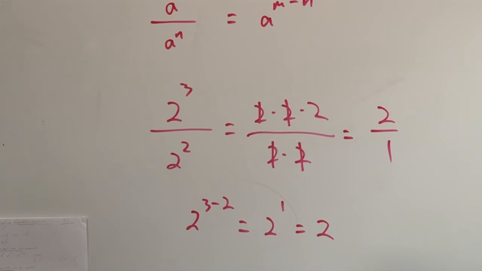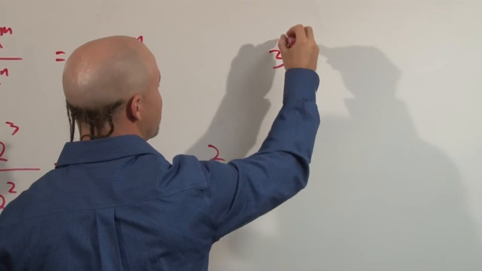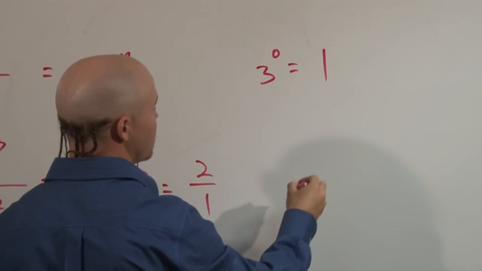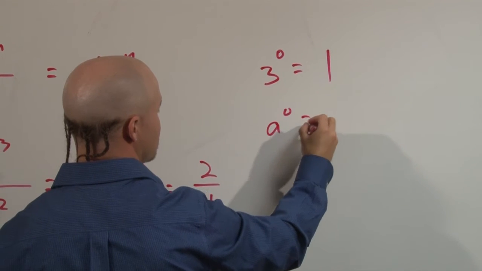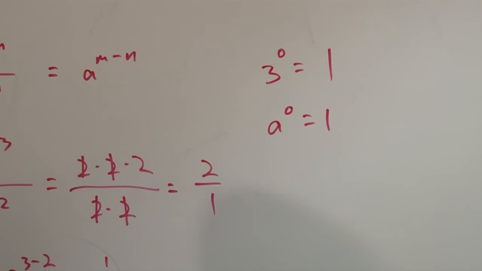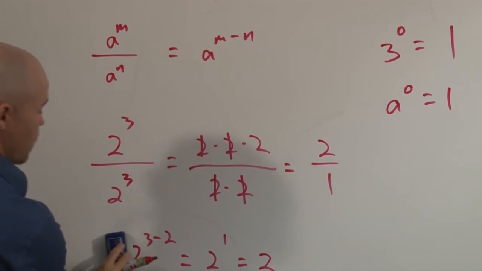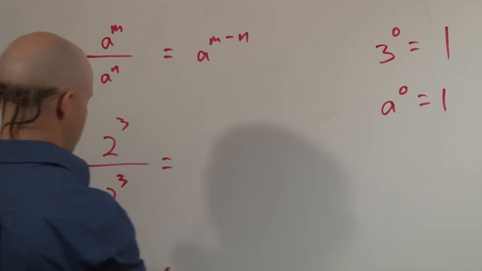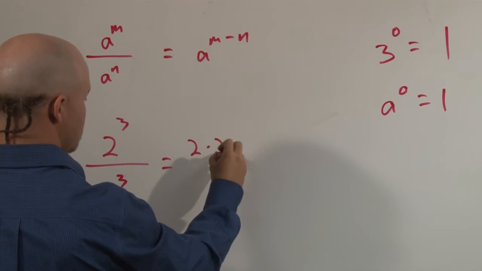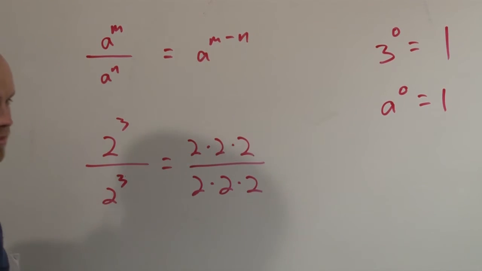We also have the 0 exponent, which is really weird that we think of the number 3 to the 0. This is going to equal 1. A to the 0, this is going to equal 1. Anything to the 0 is going to equal 1. And I like to look at this as being, well, okay, let's say if we have 2 cubed, or 2 to the third power, over 2 to the third power, this would give us a 2 times 2 times 2 over 2 times 2 times 2.